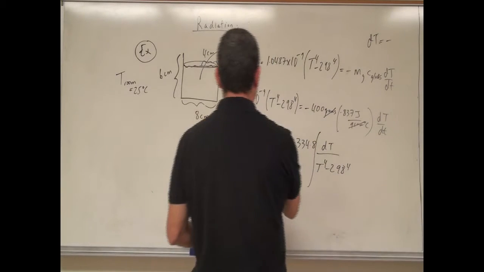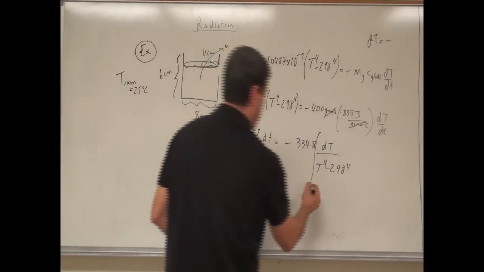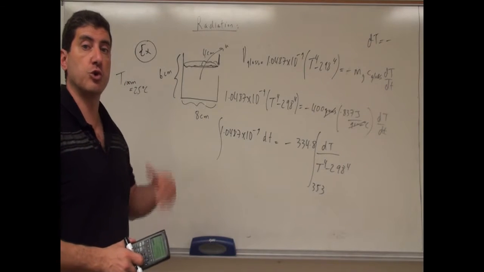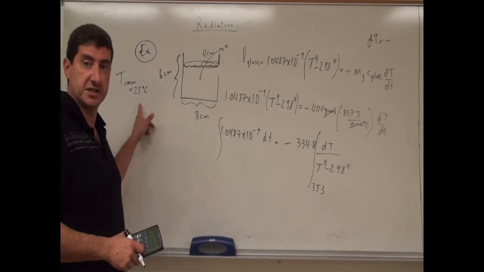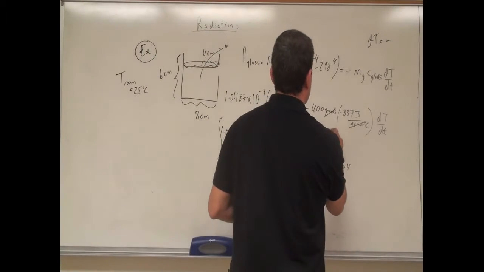Then we integrate this from the initial temperature. The initial temperature was 353 Kelvin, and we want to know how much time it takes to reach all the way down to 26 Celsius, which is 1 degree above the room temperature, right? So the final temperature is 299.